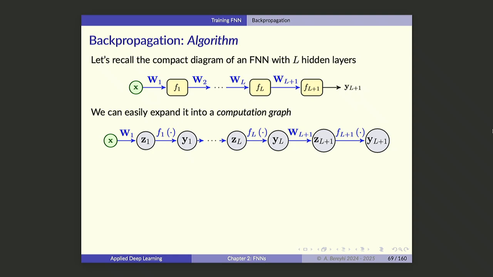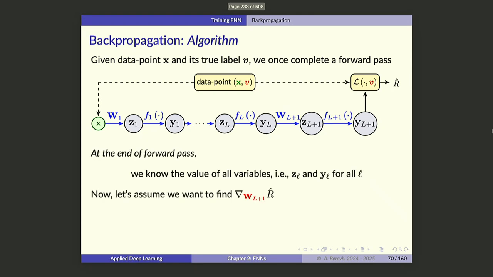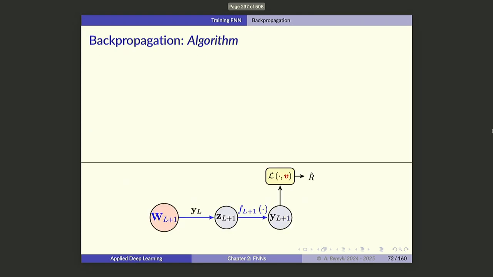And if you want to compute the derivative with respect to one particular weight matrix, you're going to put this weight matrix at the beginning, so you cut your graph at that point. And then you're going to replace it with something like this. So we're going to have this particular computation graph, and then we backpropagate over this to get the gradient with respect to that weight.